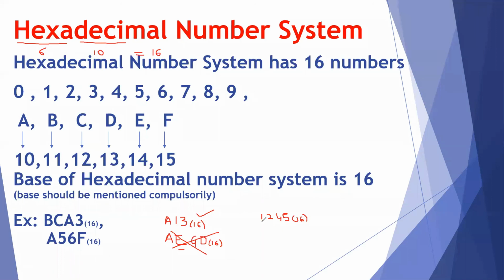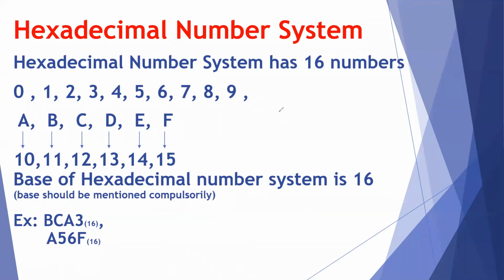This is also a right example because 1, 2, 4, 5 exist in this number system. So this is also a correct example of the hexadecimal number system. Okay. So I hope you have understood the number system. This is the number system we have studied.